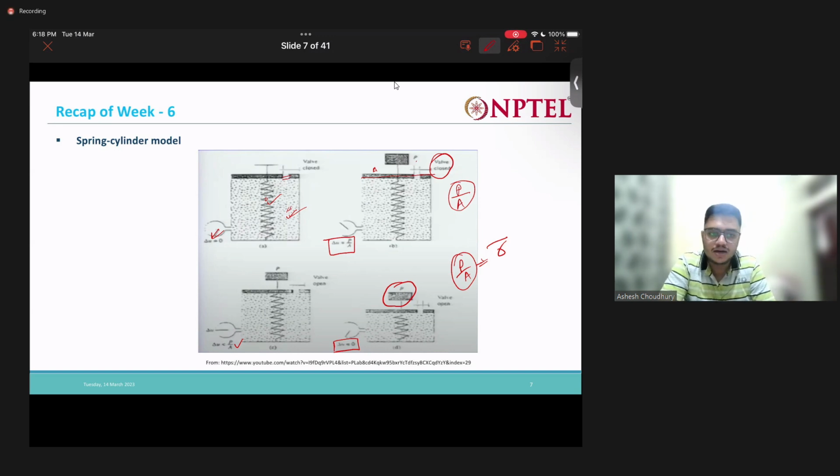At the end of the consolidation, my effective stress is equal to the applied stress, because now none of the load is taken by the water. Everything is taken by the spring. So this is the spring cylinder model, which simplifies our explanation of the consolidation phenomenon.